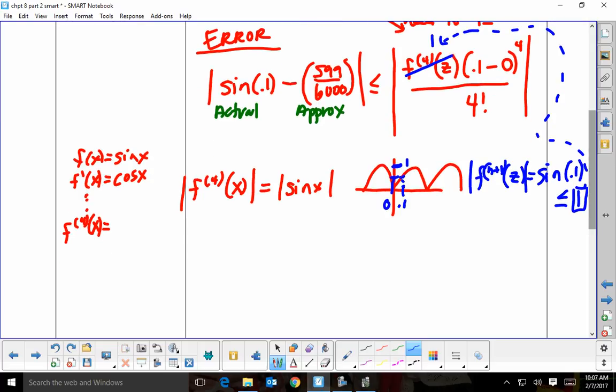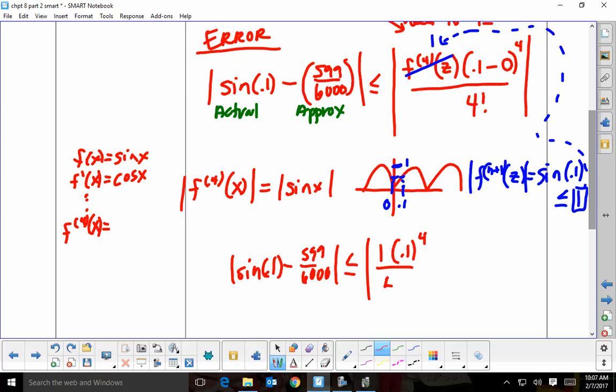Okay, so I'm going to rewrite it. Sine of 0.1 minus 599 over 6,000 is less than or equal to 1 over 0.1 to the 4th over 4 factorial, which is equal to 1 over 10,000 times 24, which is equal to 1 over 240,000.